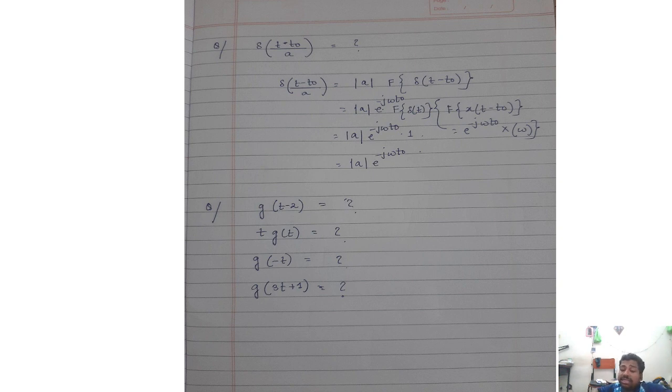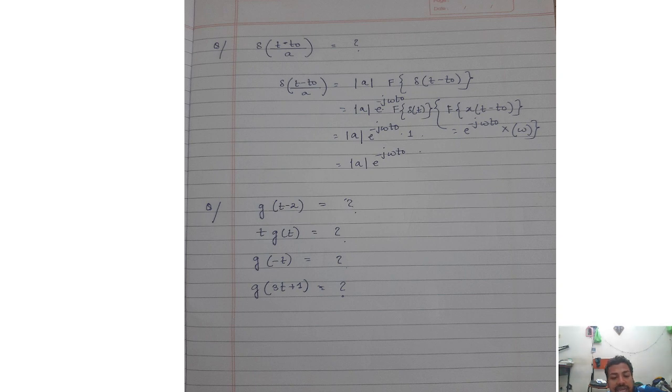Let me consider that we have a signal g(t), and the signal properties are not given to us, but let me consider the Fourier transform for that signal is equal to G(omega).